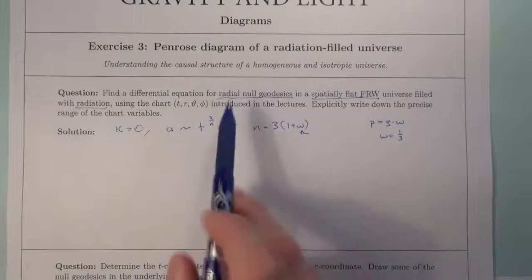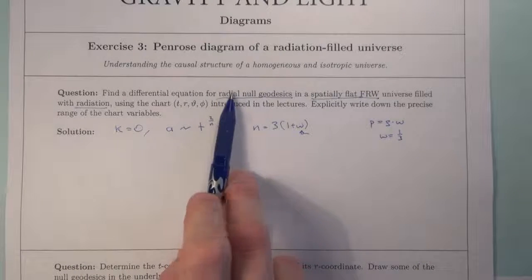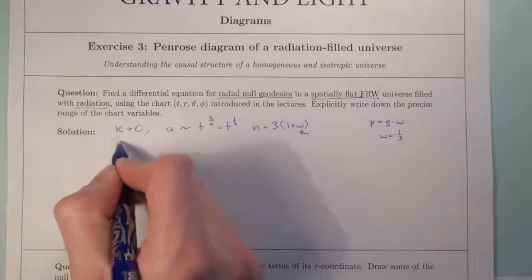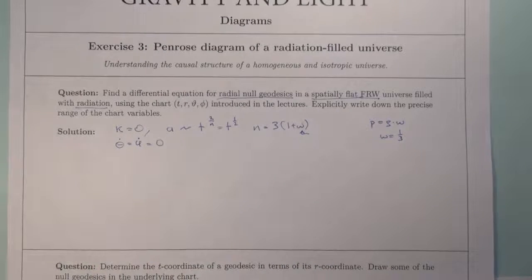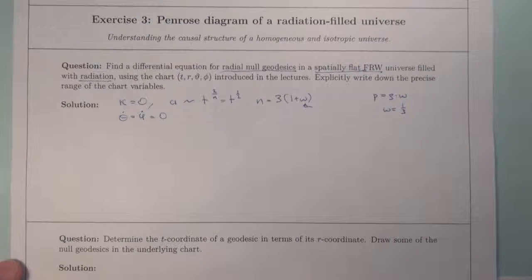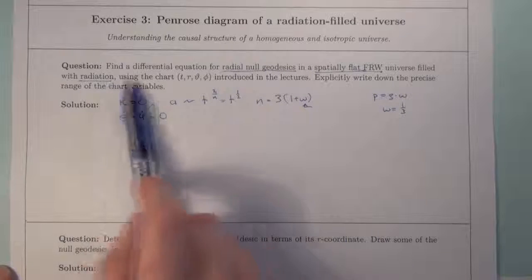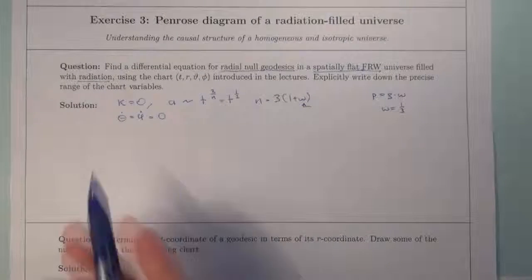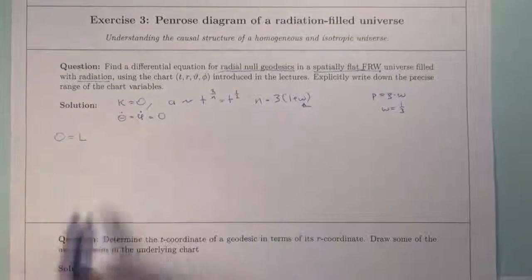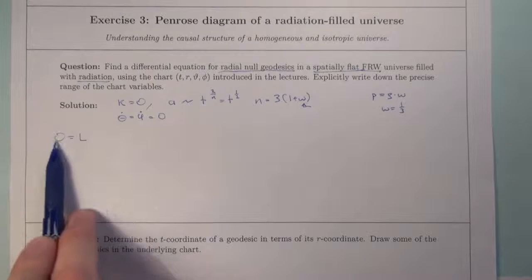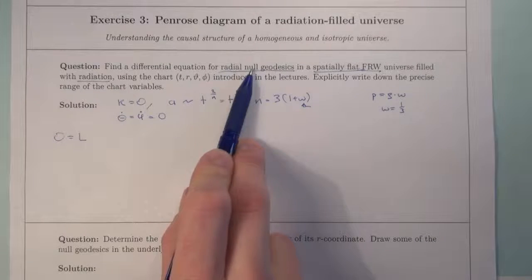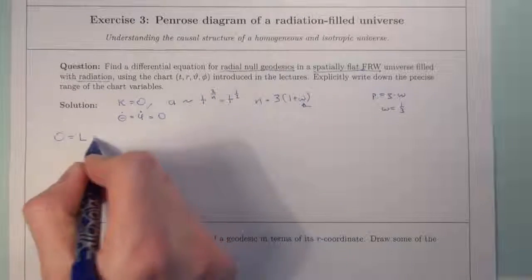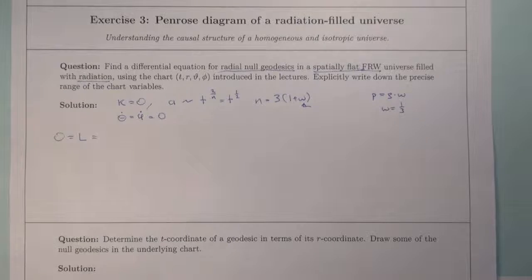Okay, we only want to consider radial null geodesics, and that implies that theta dot and phi dot equal 0 in our case. A very easy way to find the differential equation for the null geodesics is the following. We know that the Lagrangian in a suitable parameterization is always 0 because these are null geodesics, that means the length is 0, and we can explicitly write out the Lagrangian.